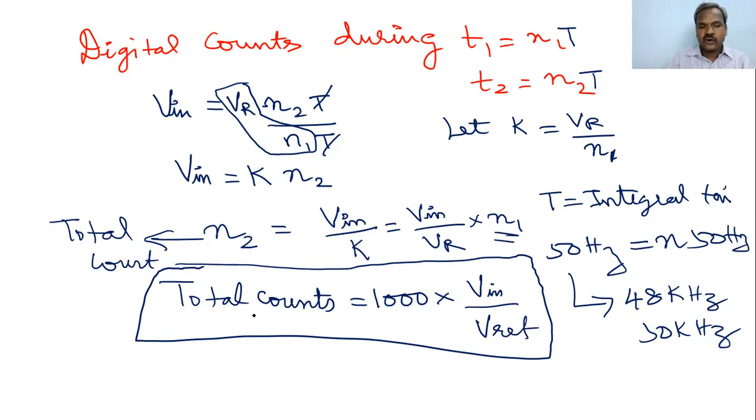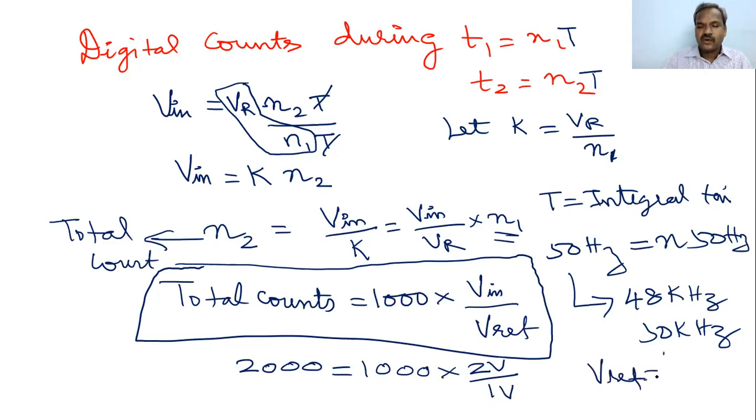So 2000 counts equal 1000 counts into, suppose the V in full scale is 2 volt, then V reference should be 1 volt. So V reference is always half of the V in full scale. So this becomes 2000 counts, the total counts of a 3.5 digit voltmeter.